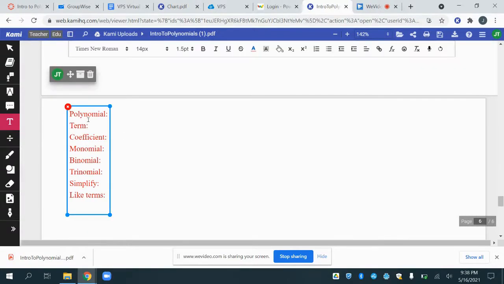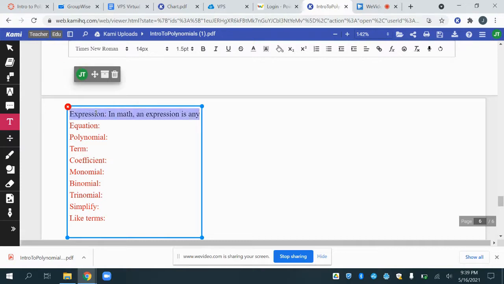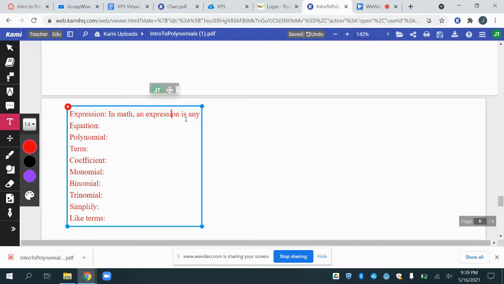And we're going to start actually with equation. Actually, no, we're going to start with expression. Make it red like the rest of the text. For some reason, it decided to be black.